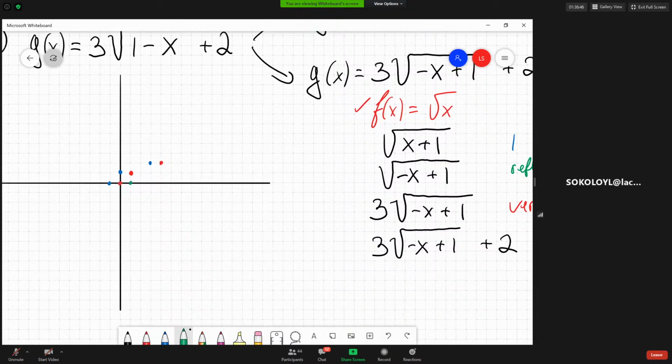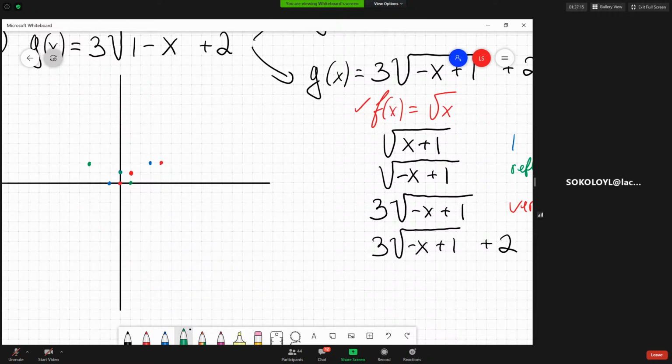Or if you prefer to go with coordinates, the original coordinates were -1, 0, so now they're +1, 0. This stays, and the original coordinate with 3 for the x value is now going to be -3 for the x value. So that was the reflection step in green, reflection about the y-axis.